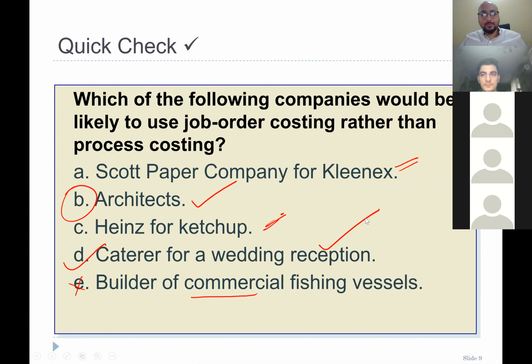Okay. Fair enough. Thanks. A caterer can be, and it must be, job order costing. Why are you so firm about the caterer for a wedding reception? Have you ever attended any wedding?